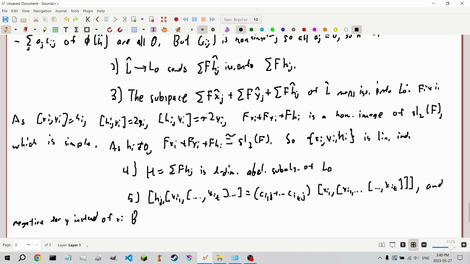This is by induction, from our relation 3 as the base case, and the Jacobi identity.